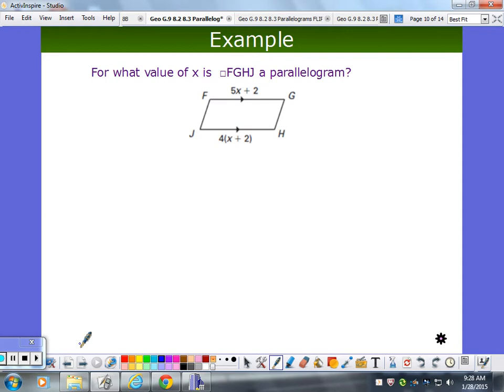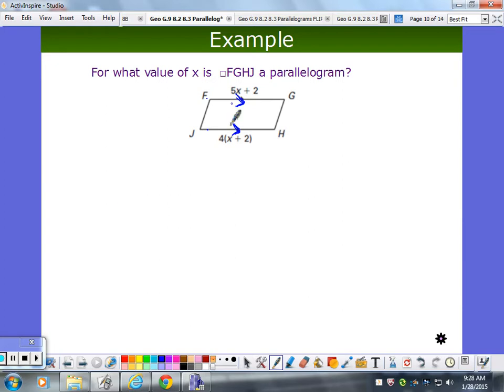Okay, so my example on the bottom of page 1 for this one is: for what value of x is quadrilateral FGHJ, right here, a parallelogram? Now all I know is that one set of sides is parallel. I do know that the length of this is 5x plus 2, and this expression describes the length of JH. So if these two were congruent, because they're already parallel, that's enough.